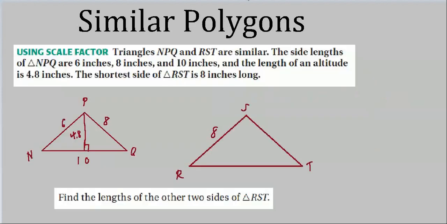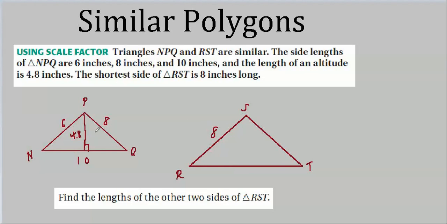Well, here we're given some information about two similar triangles. I went ahead and drew it in here. So we got a picture of what we're working with. Chances are you could do this just purely with algebra, but let's not.